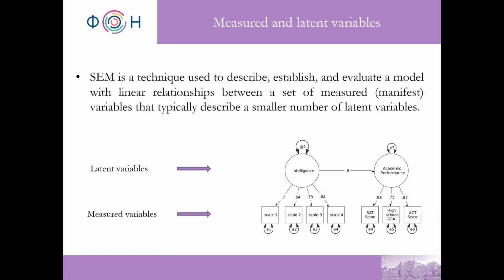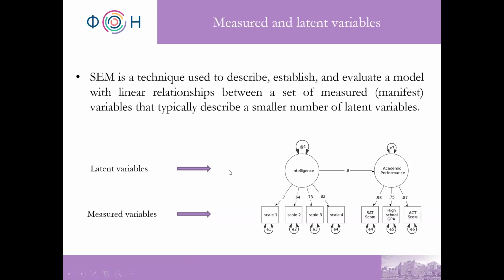Measured variables exist as such in your data set as columns, and on a particular SEM graph, they are presented in squares. For example, observing this small SEM model, we can see that we have 7 measured variables, scale 1, 2, 3, and 4, as well as SAT score, high school GPA, and ACT score. We can see that these variables are marked in squares, so we know those are measured variables.